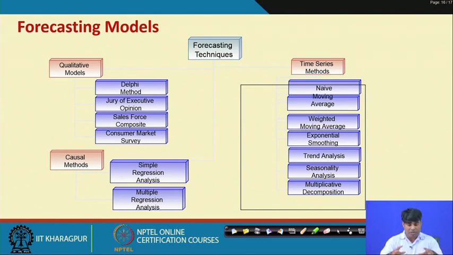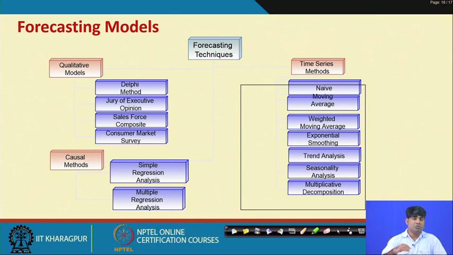In fact, some of the techniques we have already discussed, for instance causal methods, mostly the simple regression structure and then the multiple regression structure, and some of the qualitative models which we have highlighted.